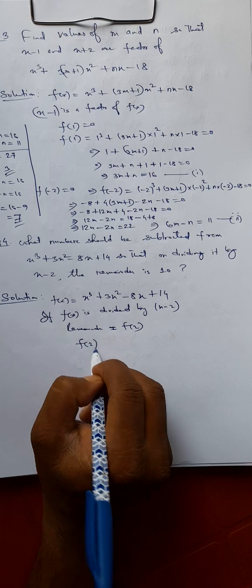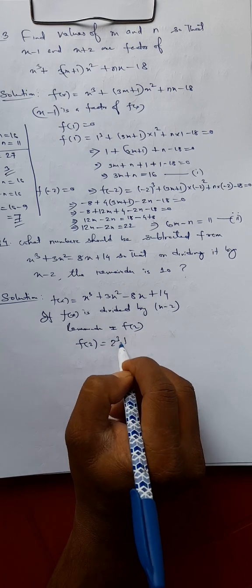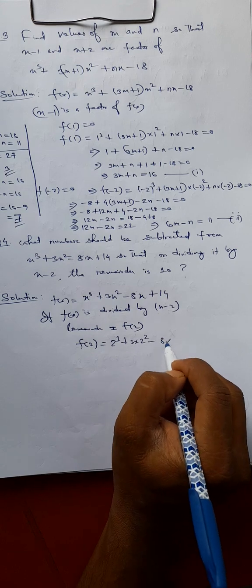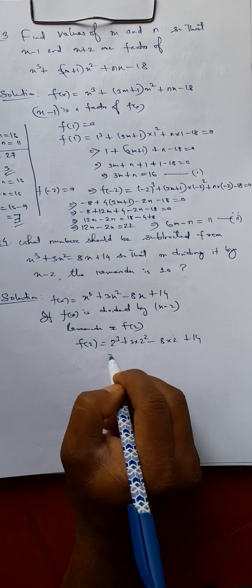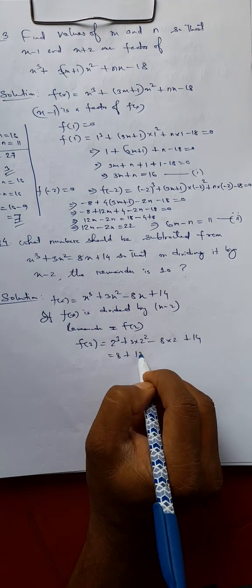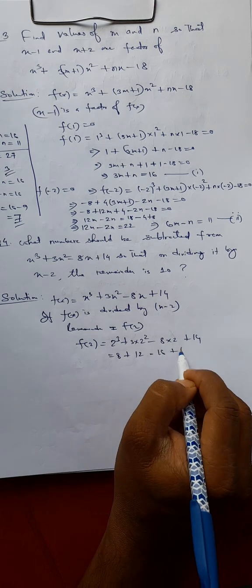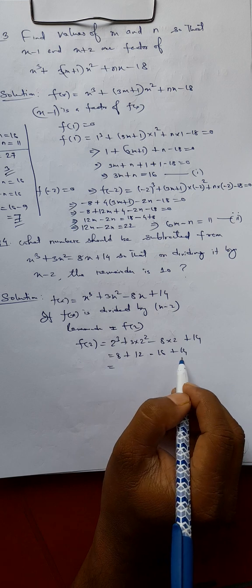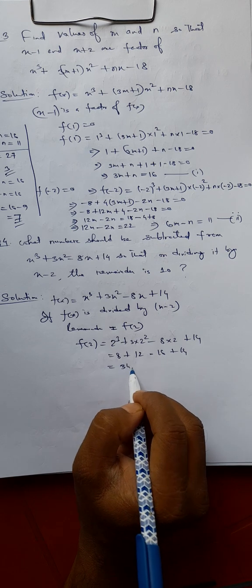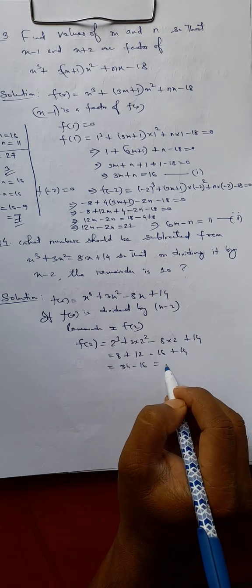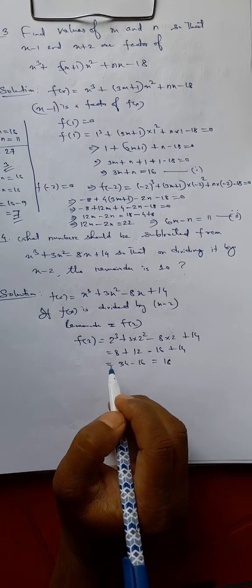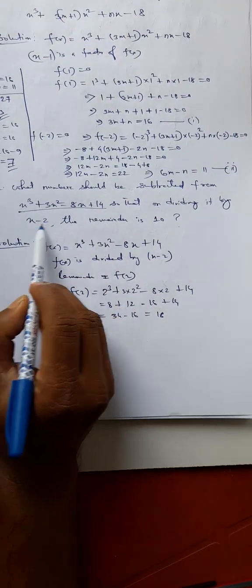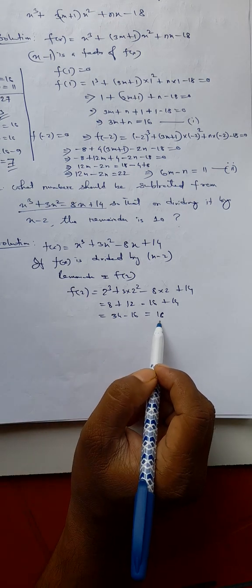Now f of 2 equal to 2 cube plus 3 into 2 square minus 8 into 2 plus 14, 8 plus 12 minus 16 plus 14, which is 18. So when you divide this polynomial by x minus 2, remainder is 18.